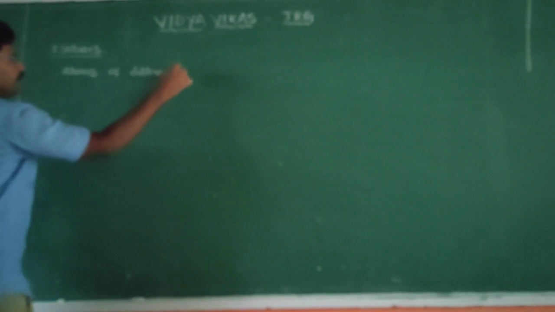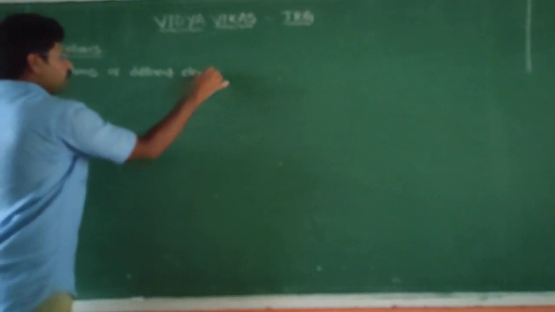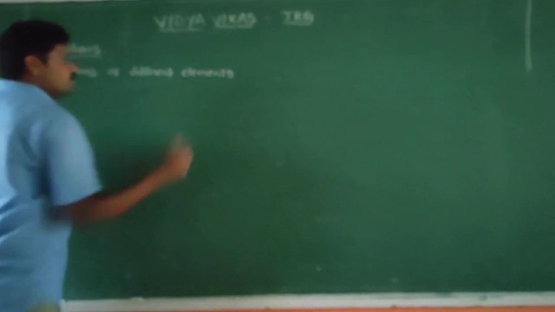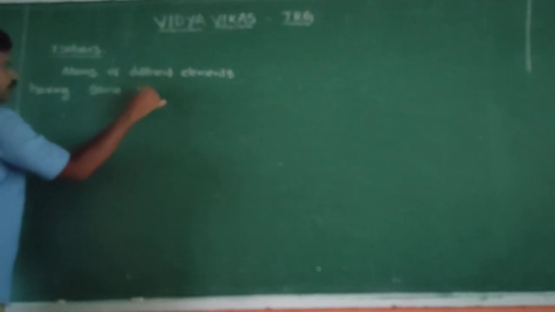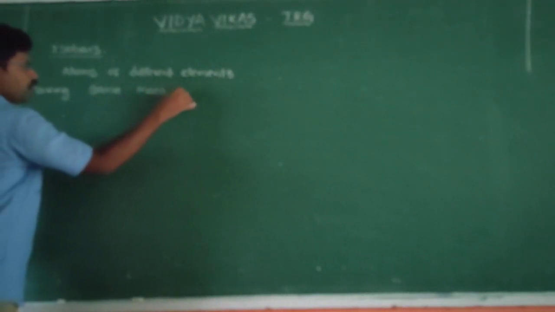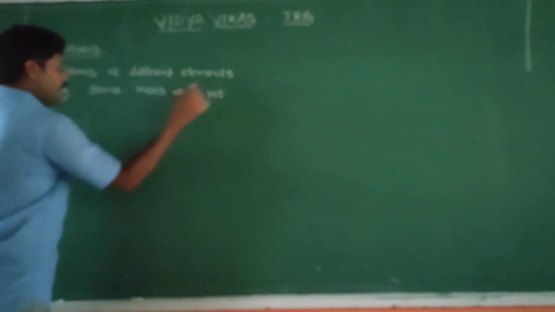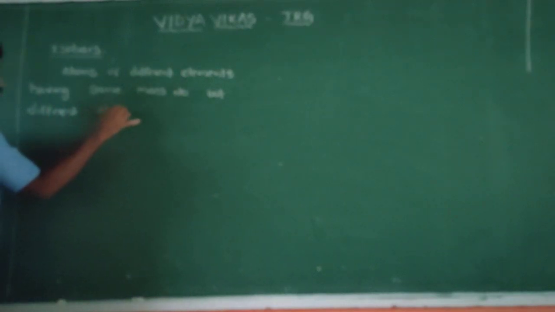Keep in mind, atoms of different elements which are having, dear students, same mass number. Mass number appears to be same, but, dear students, different atomic number. Atomic number is different.